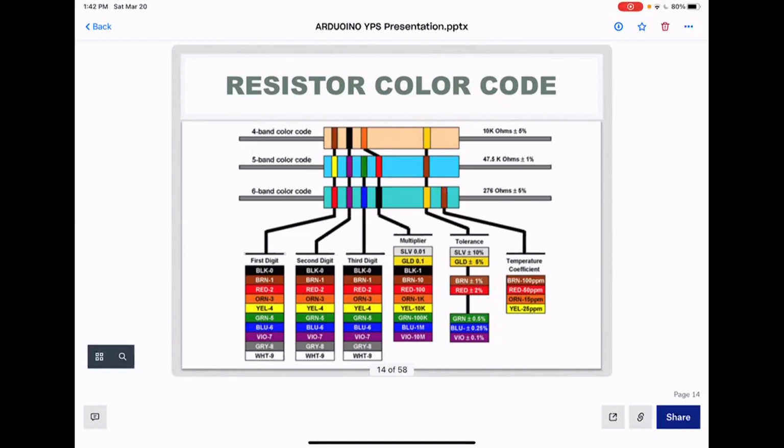So the value can be plus or minus 1%. In this case, it's a 47.5 kilo ohm resistor, which can be a little bit more, a little bit less. It's very hard to build a resistor with exactly that value. Unfortunately, we cannot test this out, but I usually give everybody one resistor, and we measure it and try to guess the value.